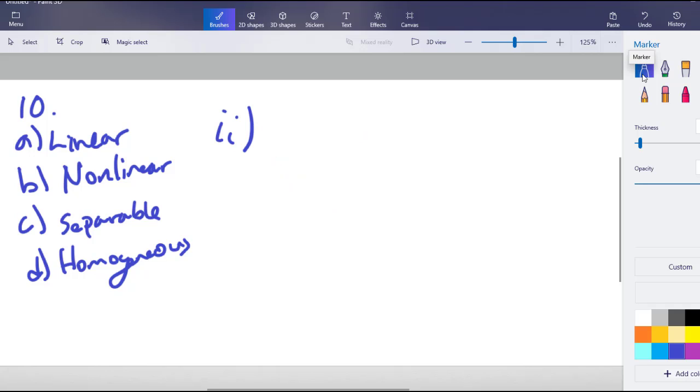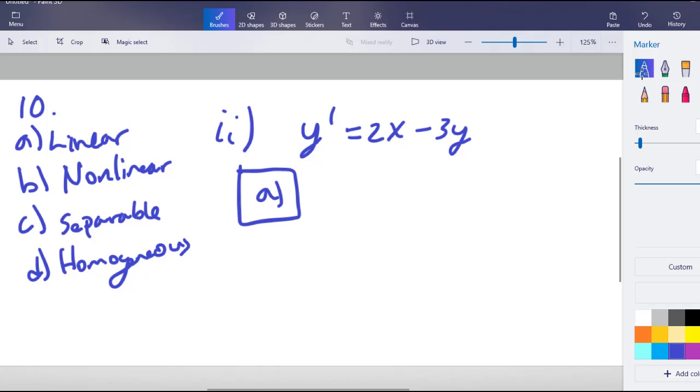For part 2, we're given the differential equation y prime equals 2x minus 3y. This problem is definitely linear. Y and its derivatives appear in separate terms to the power 1 in the numerator. And so this is linear. It is not separable, and it is not homogeneous, so that's it.